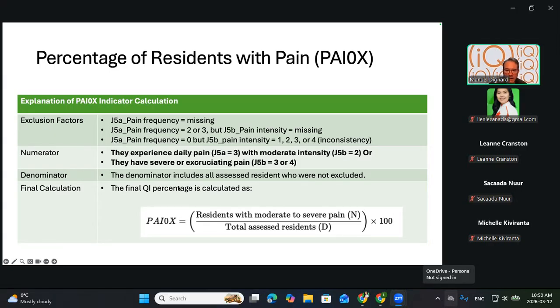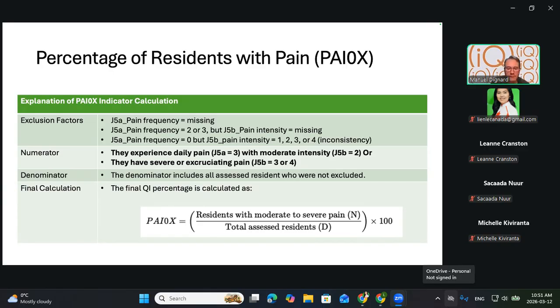So, and we know, pain is not just a symptom, it's a quality of life issue. If it's left unaddressed, pain can lead to functional decline, to mood disturbances, to sleep disruption, and even to resistance to care. So we use this QI to monitor pain management effectiveness.